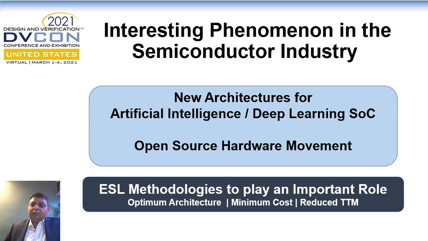One is that new and innovative kinds of SoC architectures are being designed for artificial intelligence and deep learning applications. And second is the open source hardware movement. ESL methodologies are all set to play a very important role in the success of both these phenomena. These are essential to get the most optimum architecture at the minimum cost and achieve the fastest time to market goals.